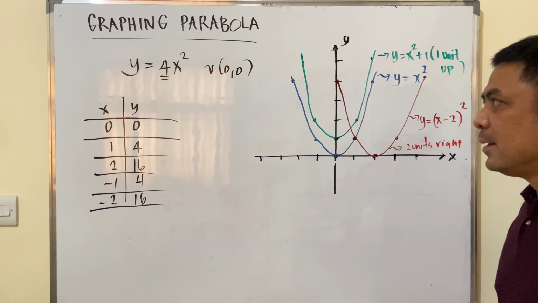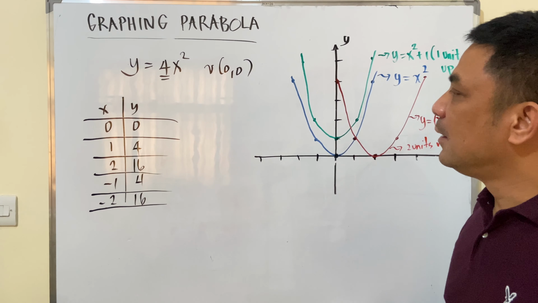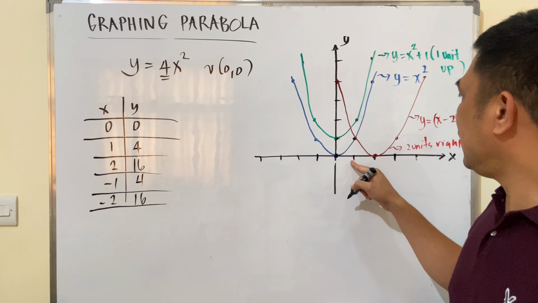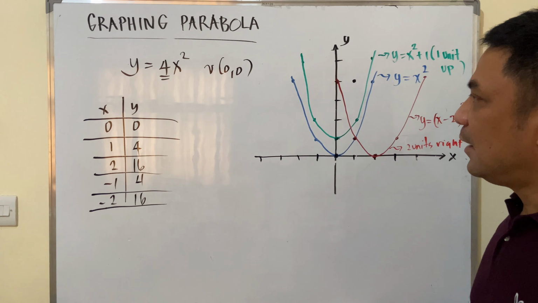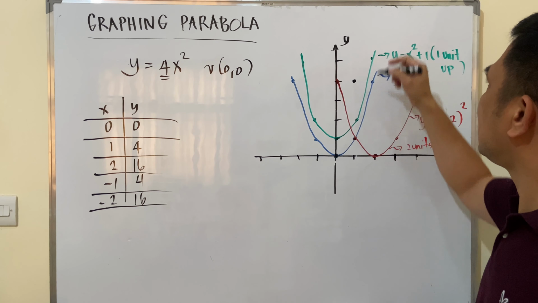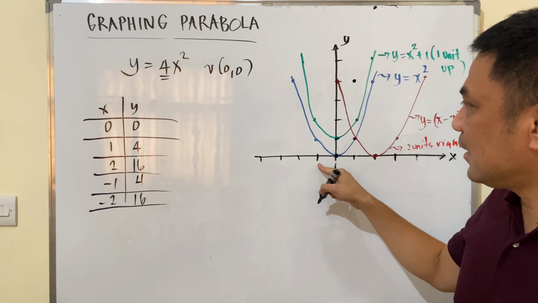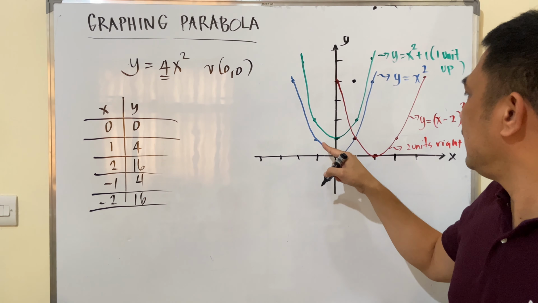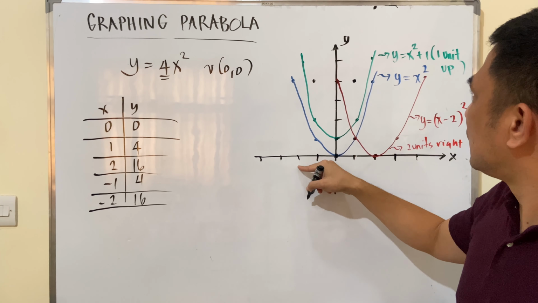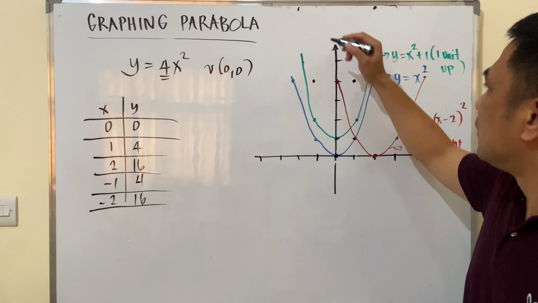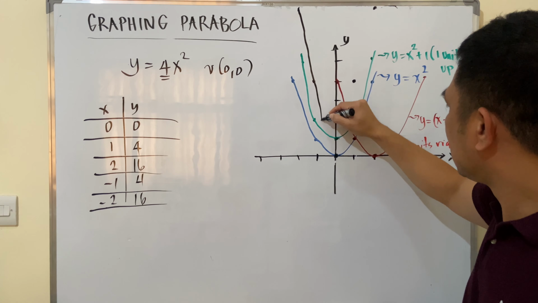So let's try to graph this one. At x equals 0, y is 0, vertex here. At x equals 1, y is already 4. At x equals 2, y is 16, up there. Also here, at x equals -1, y is 4, and at x equals -2, 16, so somewhere there. If we try to graph this one, it will be like this.